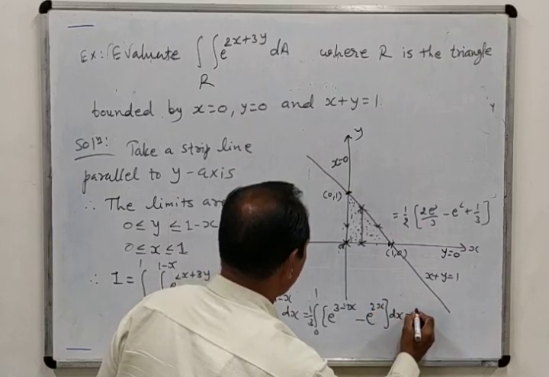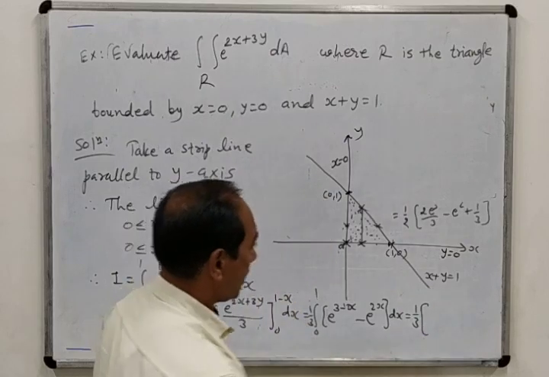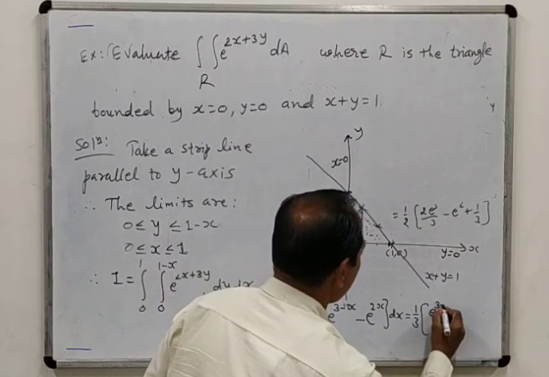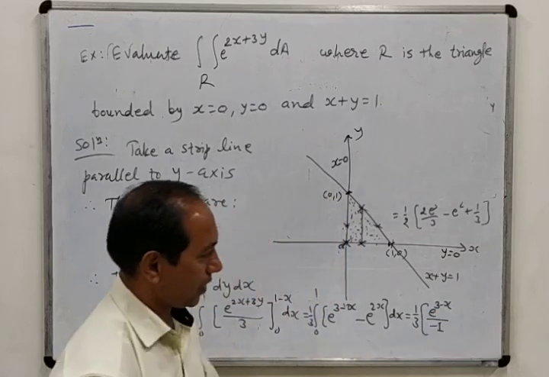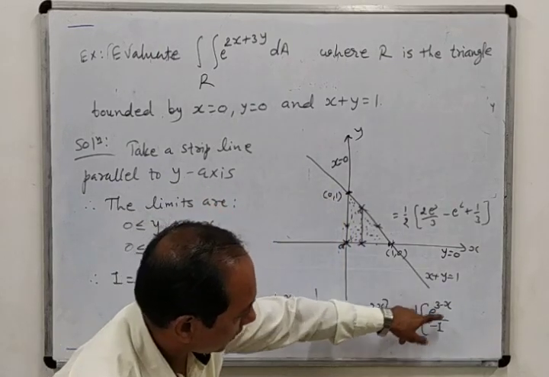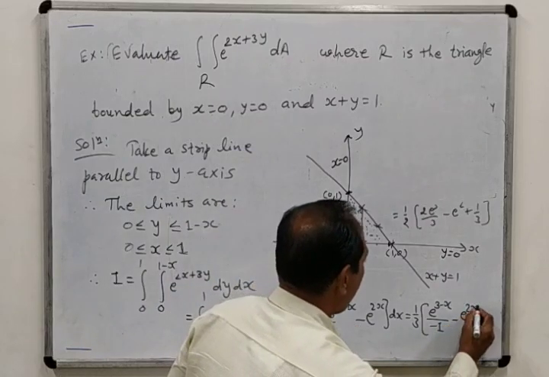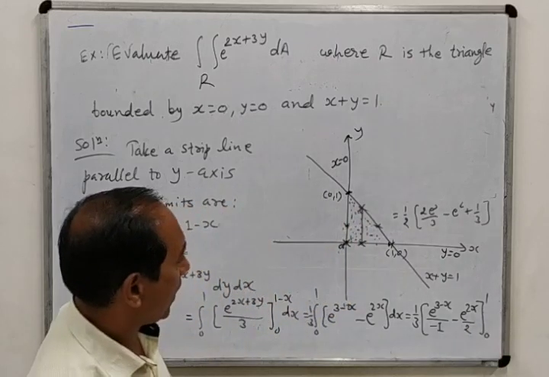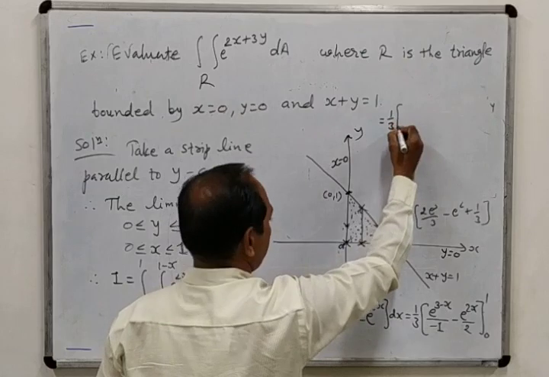Then we will integrate this one. 1 by 3. If we integrate this one, then e raised to 3 minus x has the integration e raised to 3 minus x divided by minus 1, because 3 has derivative 0, minus x has derivative minus 1. This is minus e raised to 2x by 2. And the limits are 0 to 1. Okay? So we will put the values over here.